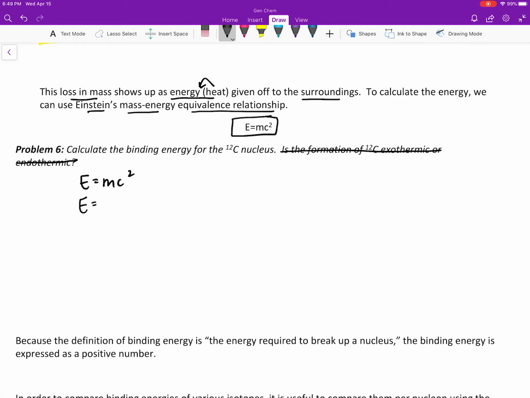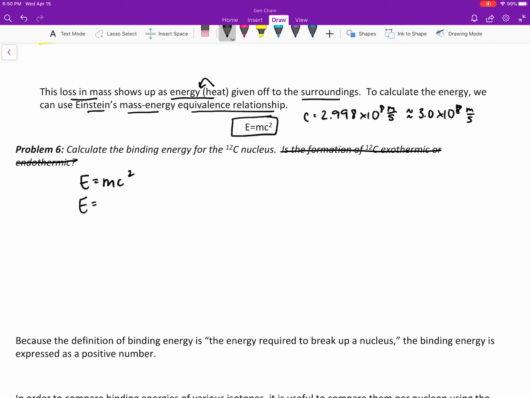E is what we don't know. c is the speed of light, which you might know as 2.998 times 10 to the 8th meters per second, which is velocity. However, sometimes that gets rounded up to 3.0 times 10 to the 8th meters per second. So that's a constant, the speed of light.